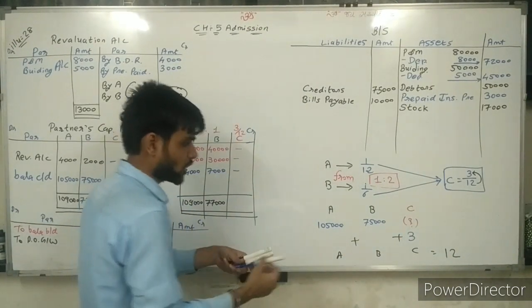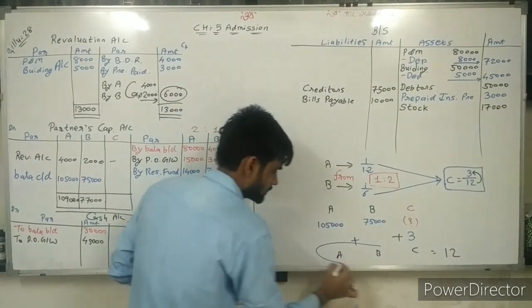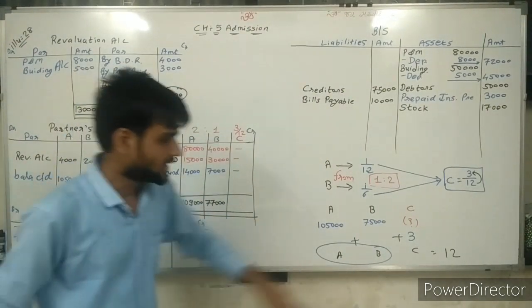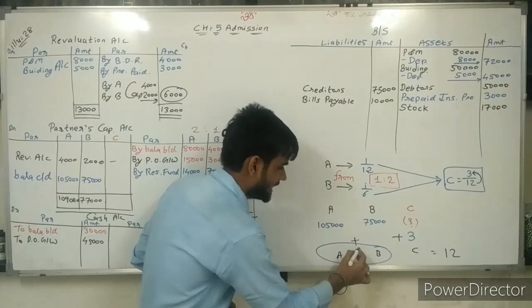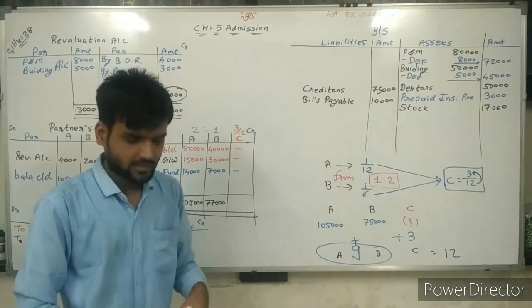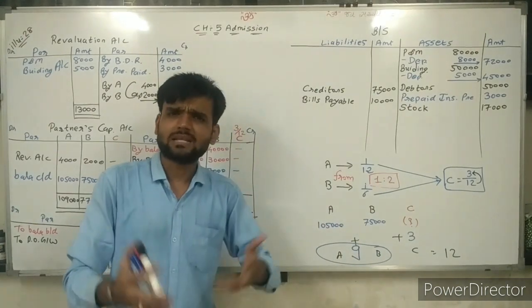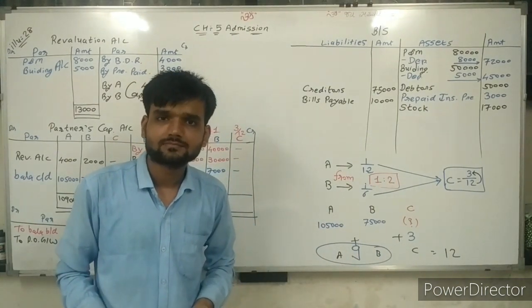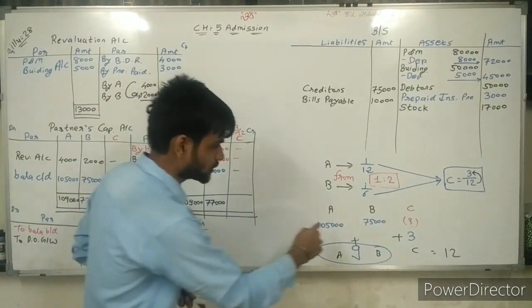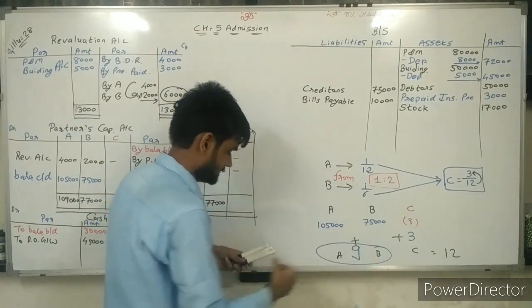So what is the portion of these two? 12 minus 3, 9 is the portion of A and B. That's it. But here the total of A and B is given.